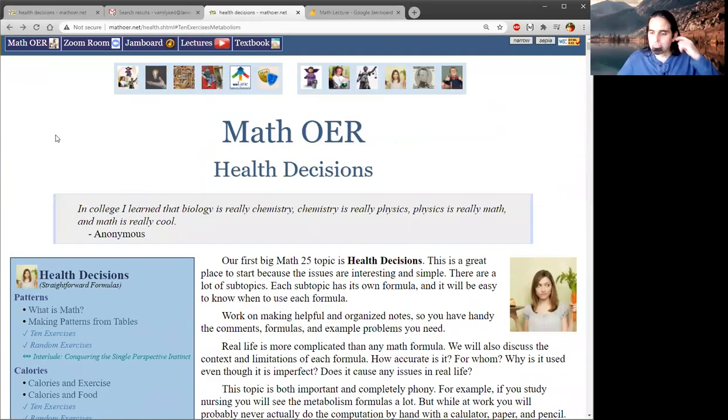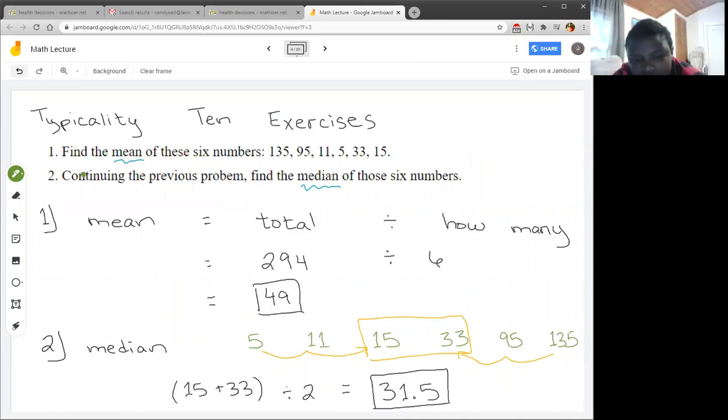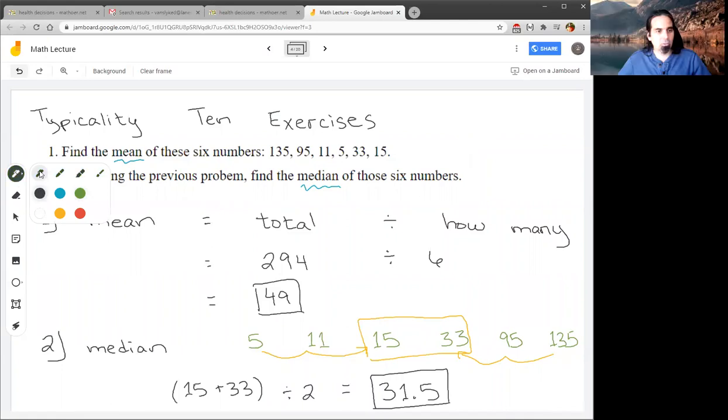Questions about mean and median? Okay, our person writing in chat got it correct, so I think we're good.